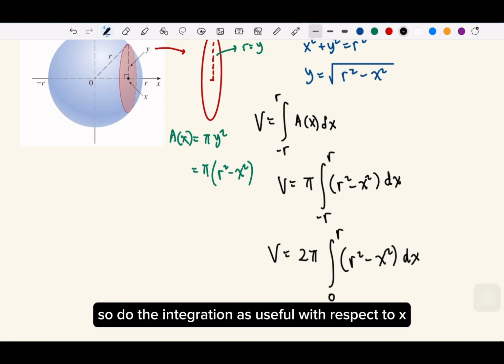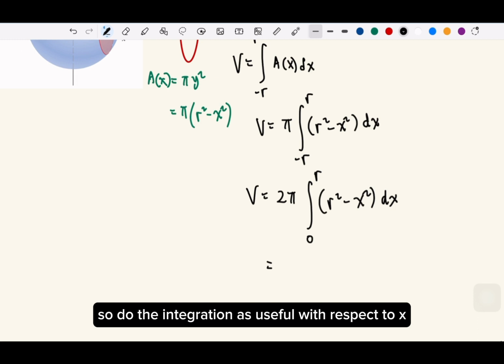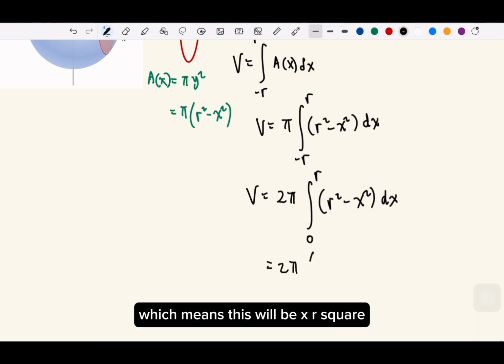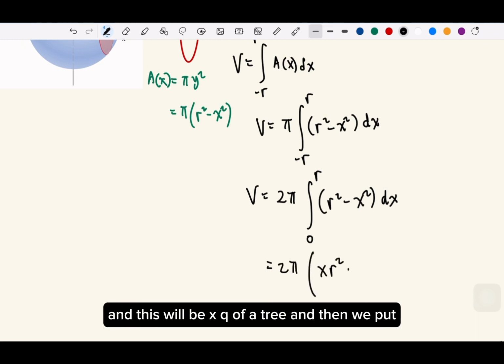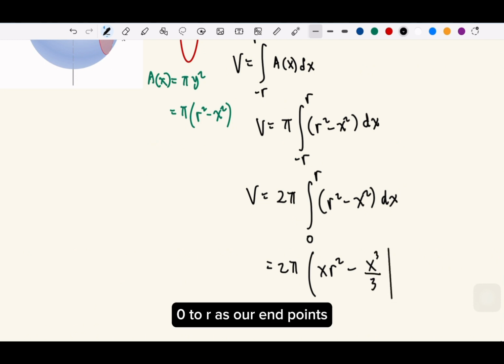So do the integration as usual with respect to x, which means this will be x times r squared, and this will be x cubed over 3, and then we put 0 to r as our endpoints.